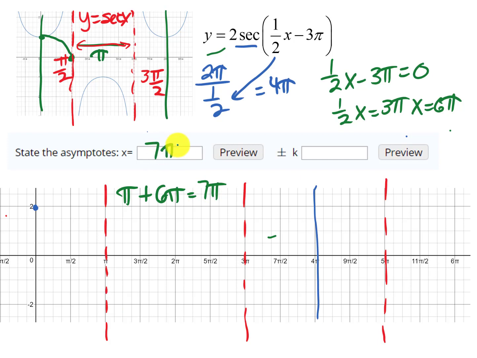Now I can put that right here because the question always asks, it normally would have started where the first asymptote was, but then with the phase shift, where's it going to be? So that's going to be at 7 pi, and then these asymptotes are half of a period apart, so we're going to add half periods here, which is going to be 2 pi.